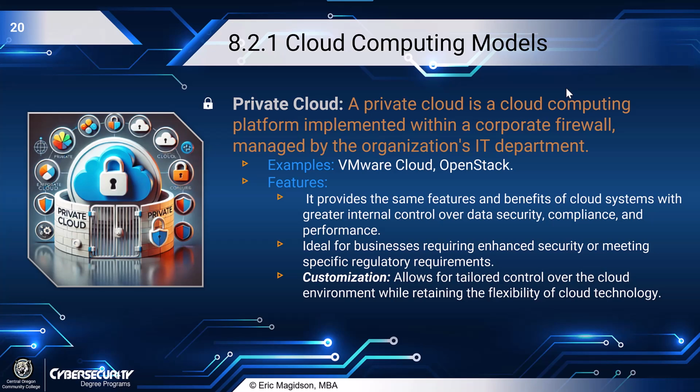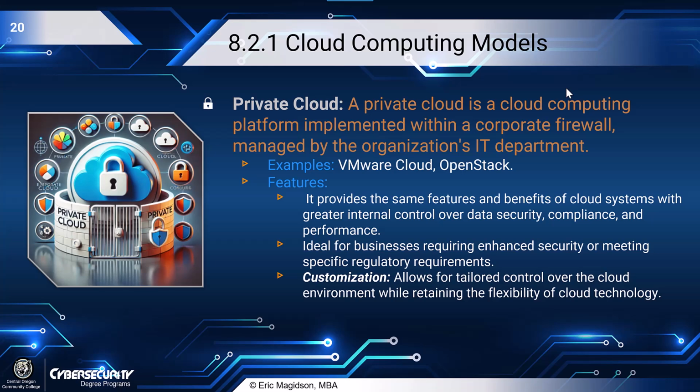And there are examples of OpenStack or VMware Cloud that are used to create these sort of cloud implementations, if you will, okay? They are ideal for businesses requiring enhanced security or meeting specific regulatory requirements because, again, they have more control, okay? This isn't an AWS implementation, if you will. This is a corporate implementation, so we can do more to secure it.